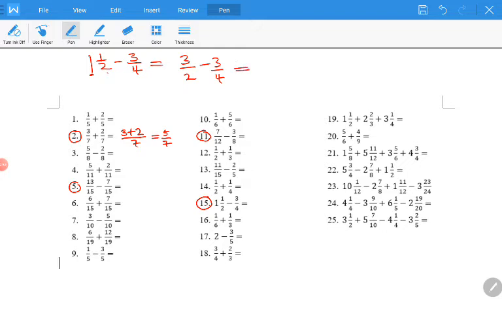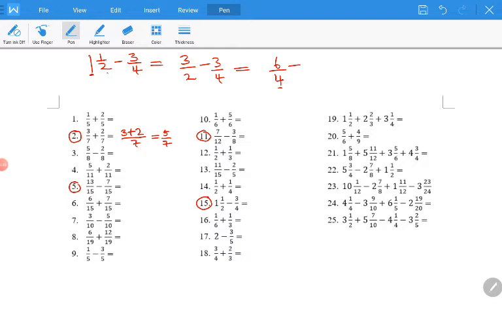So if we find the lowest common multiple, it's 4. So this is 4 as a denominator. So we say 2 into 4, our new denominator. We get 2. 2 times the numerator here, which is 3, we get 6.